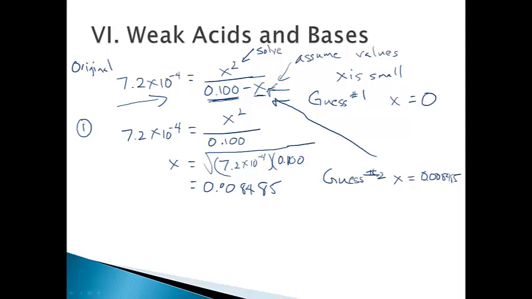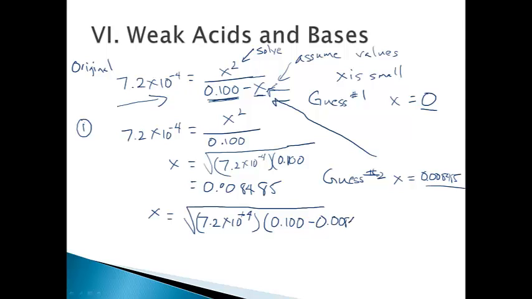So x becomes equal to the square root of, and the equation is always going to be the same, the Ka 7.2 times 10 to the negative fourth, times the initial 0.100 minus x. X was 0 the first time, x is this the second time, 0.008485.